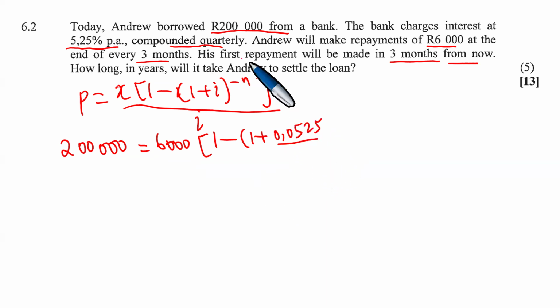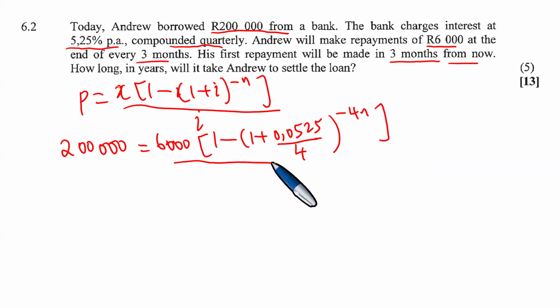You divide by what? It's compounded quarterly, so you divide by 4. And you raise it to the power minus 4n, all divided by 0.0525 divided by 4.